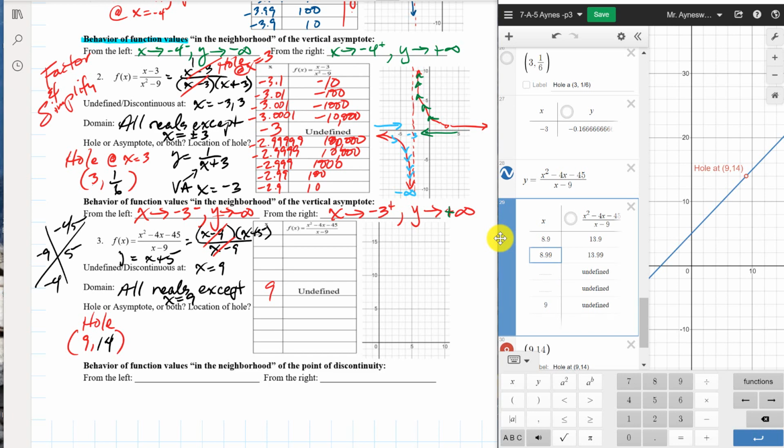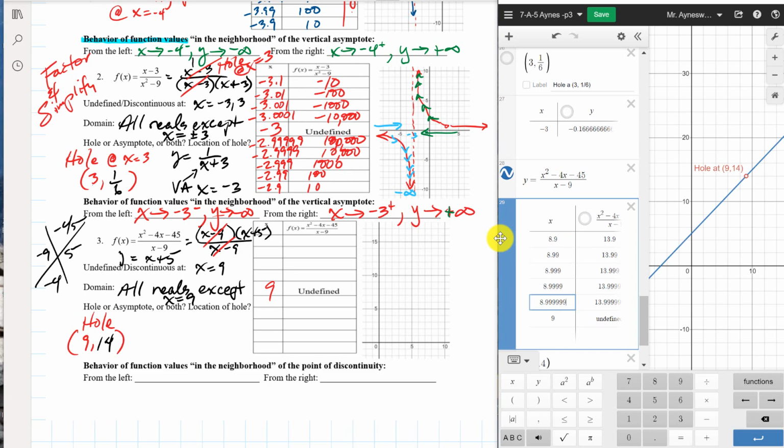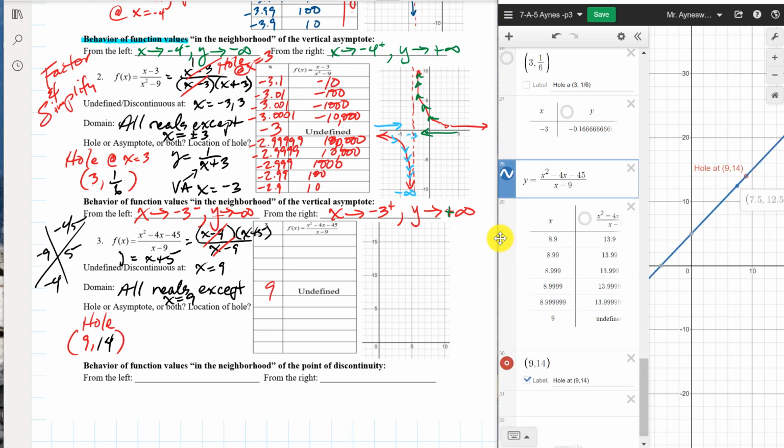Then closer, 8.999, and even closer. Notice that the y values are getting bigger and closer, but not by much. If you want to try this one more time, put a bunch of 9s in there. You're going to get very, very close to 14. As you get closer to the hole, the y values approach the y value in the hole, which is 14.